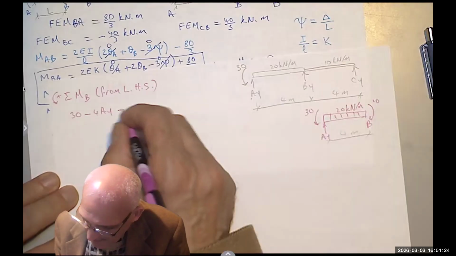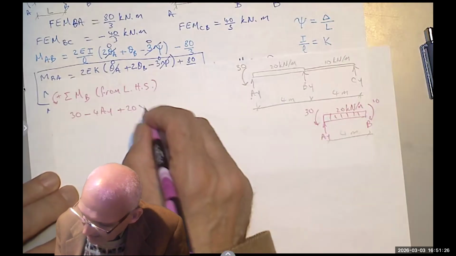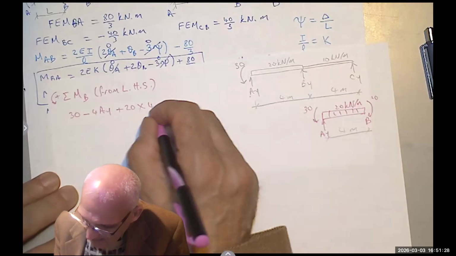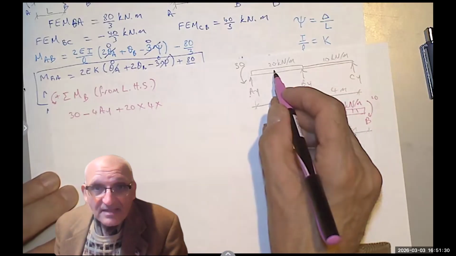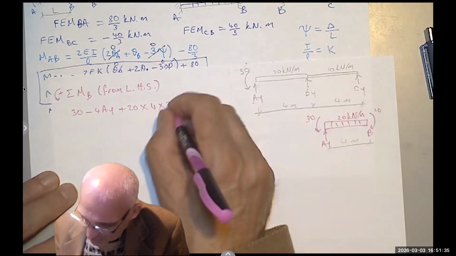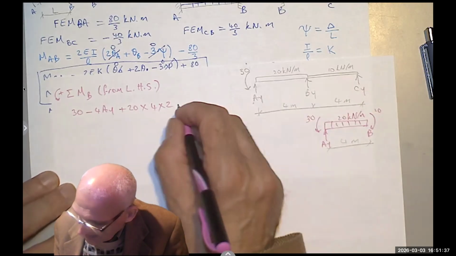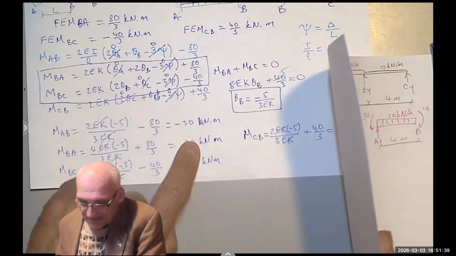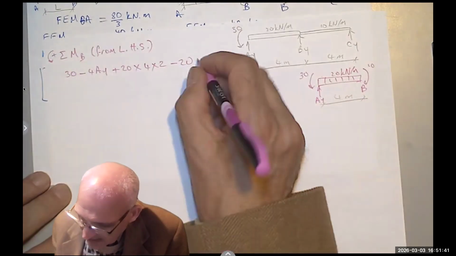Plus 20 times 4. The center of mass is in the middle at a distance of 2, so times 2, minus 20, which is the positive moment here at BA, equals 0.